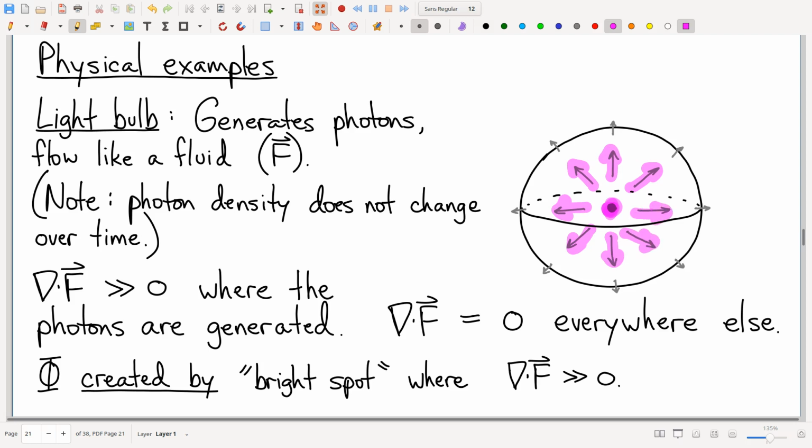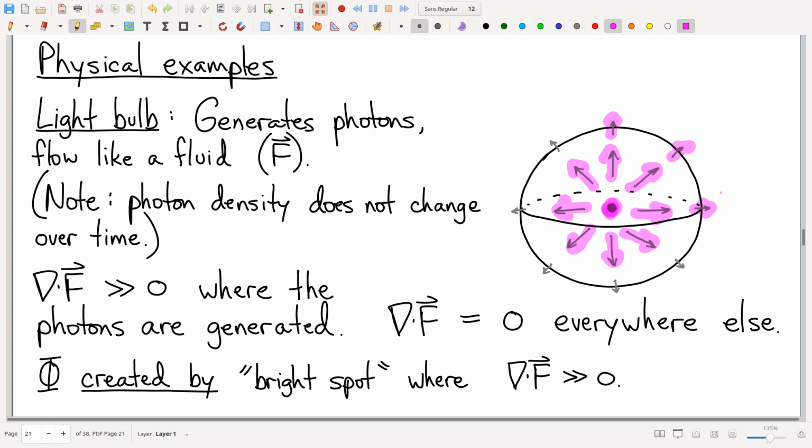And there's a strong flow of photons outward from the bulb. And, of course, it turns into a weaker flow the farther you go out. It's just not as bright out there. And this, by the way, is not in terms of velocity. Remember, we have these two different interpretations of vector fields concerning fluids. Here, the vector field F that's representing this flow of photons is not velocity. Speed of light's a constant, right? Well, that is asterisk.